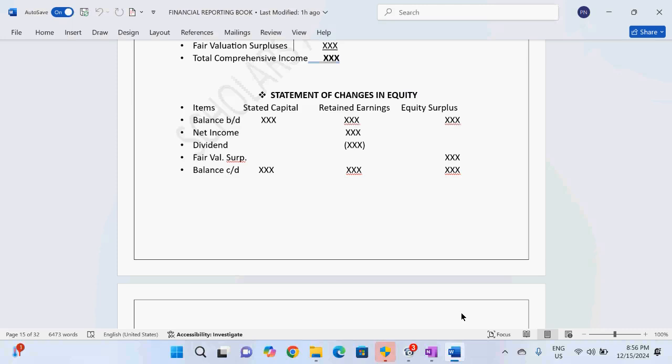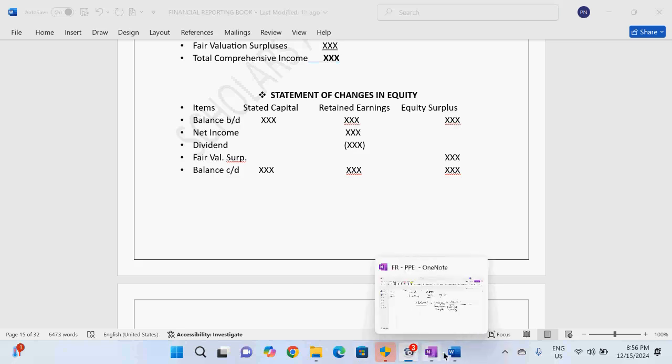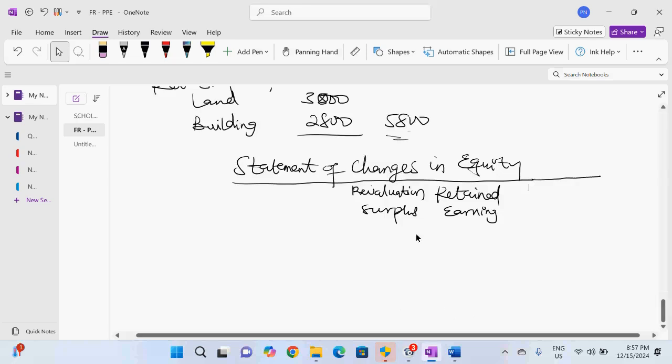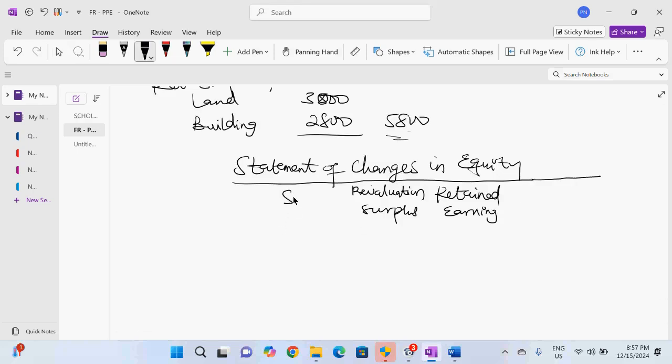Okay. So now, can we go back and finish it up? Revaluation surplus, retained earnings and then stated capital, right?